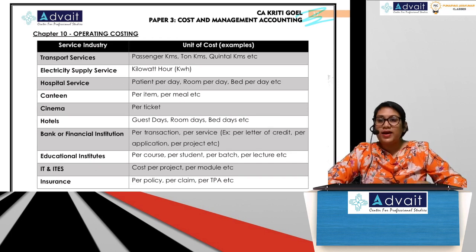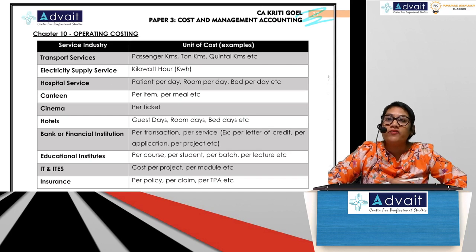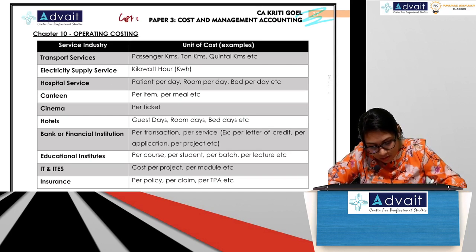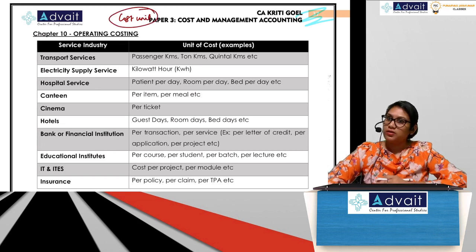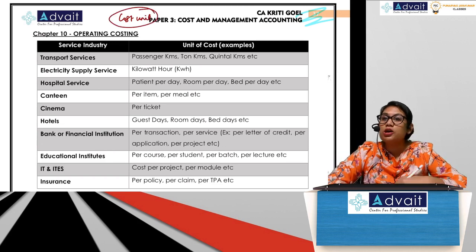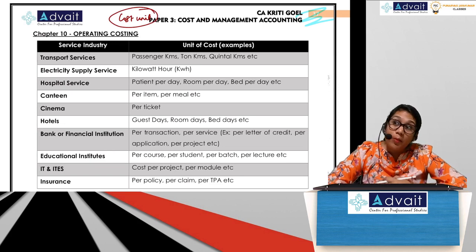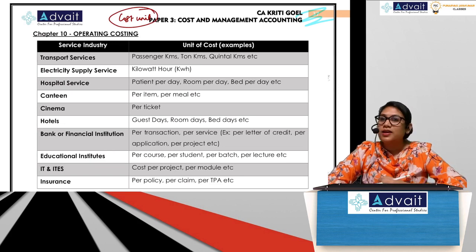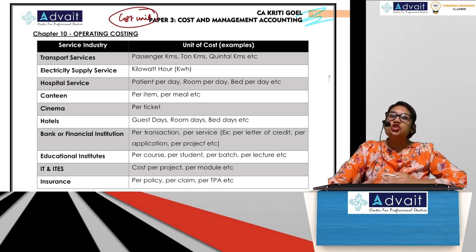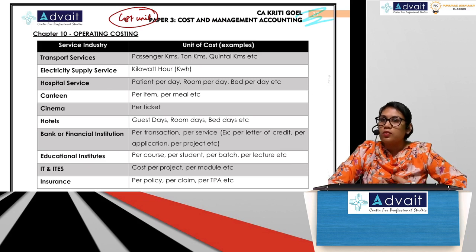So guys, if you remember, when we started off with the cost sheet chapter, we had done something called cost unit, correct? How the cost is expressed. And at that time I had told you that with respect to every other chapter, cost unit will not be a problem, because products or units are tangible items.